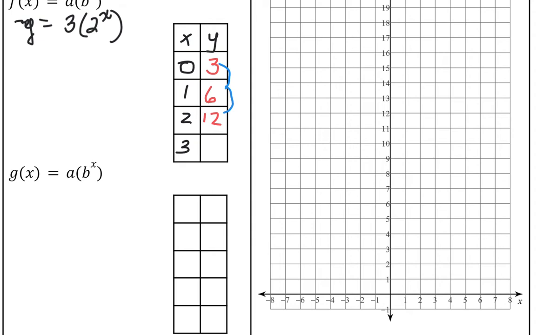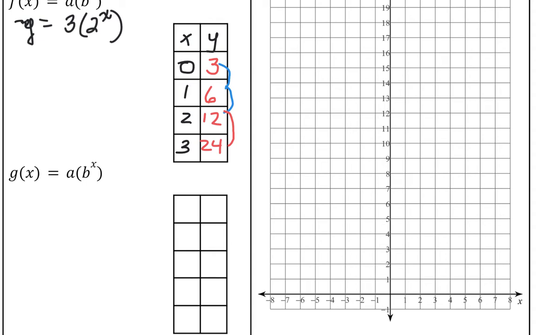It's not plus 3, plus 3, plus 3. Let's do one more. F of 3 would be 3 times 2 to the third. 2 to the third is 8, times 3 is 24. In fact, what happened each time is we doubled each time we expanded our x.